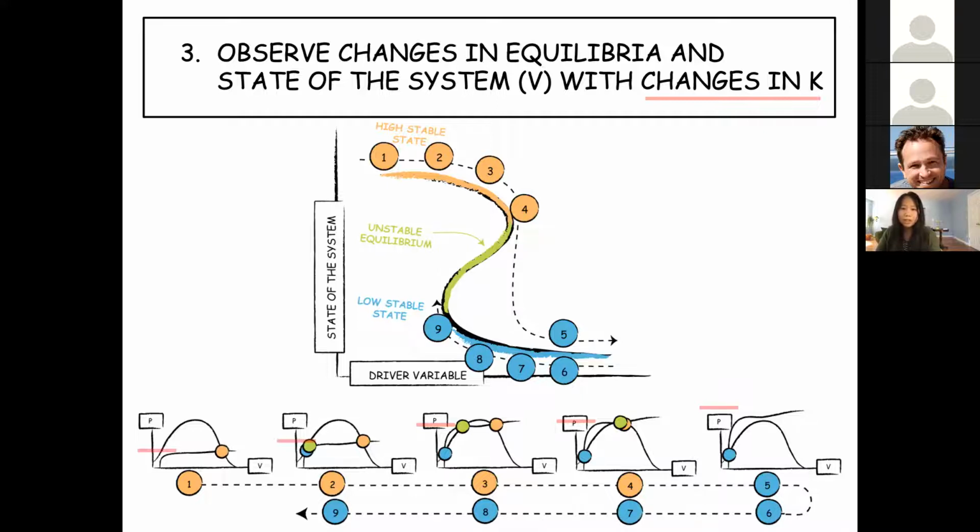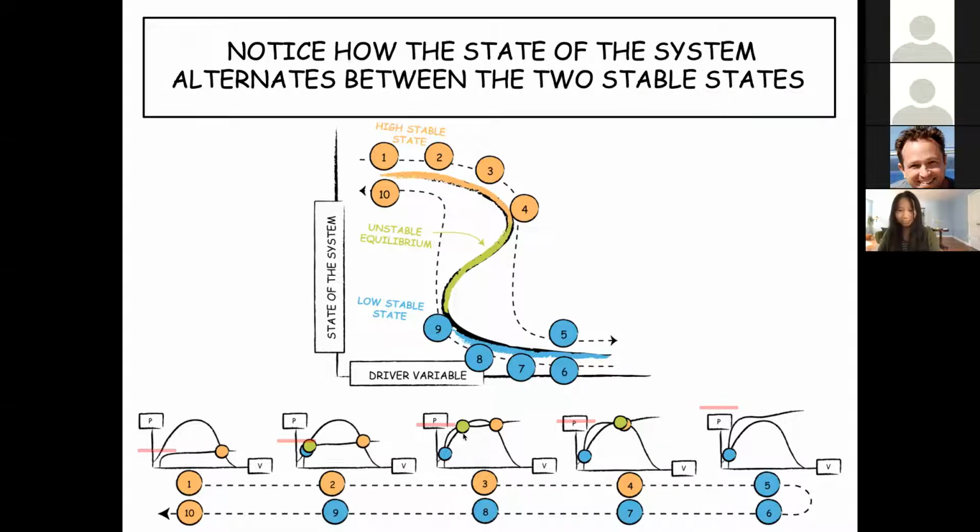But we're still in that lower blue state, despite the existence of this alternative orange state, because we're stuck in the domain of attraction of the blue equilibrium until we're forced out of it as it collides with the green unstable equilibrium, bringing us back up to the only remaining equilibrium, the high orange stable state.